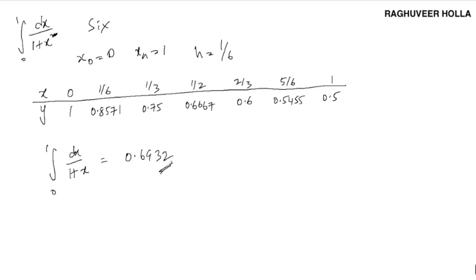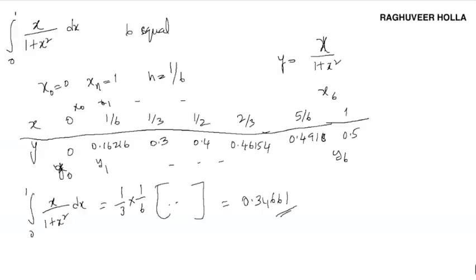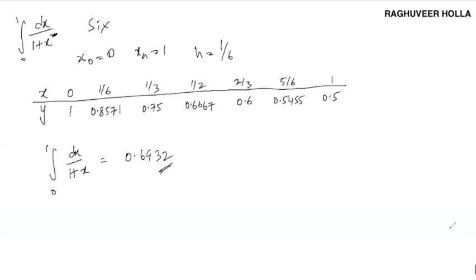Now let us look at the same thing, that is, integral 0 to 1 x by 1 plus x squared dx, using Simpson. We will see whether we get this result.